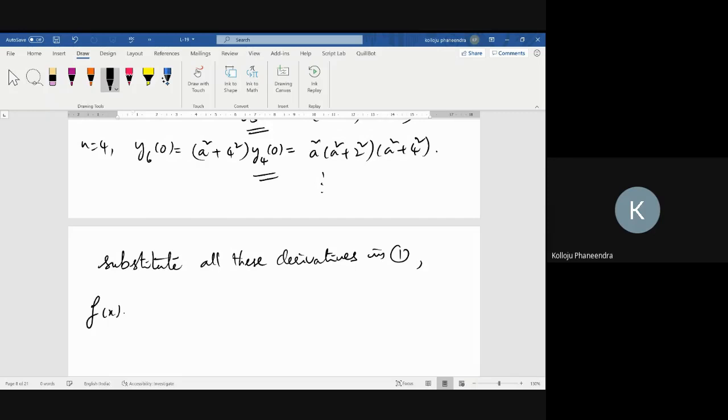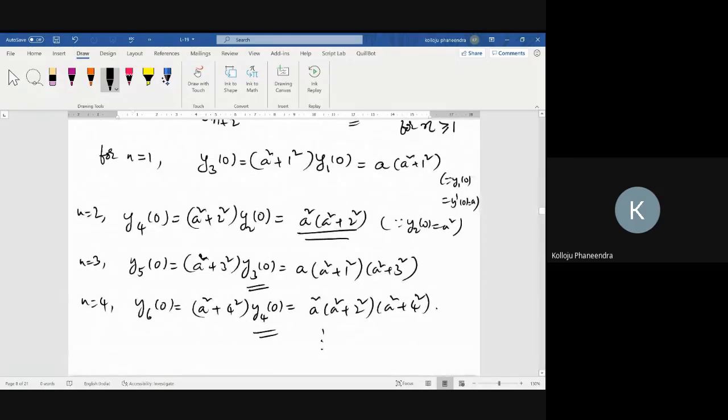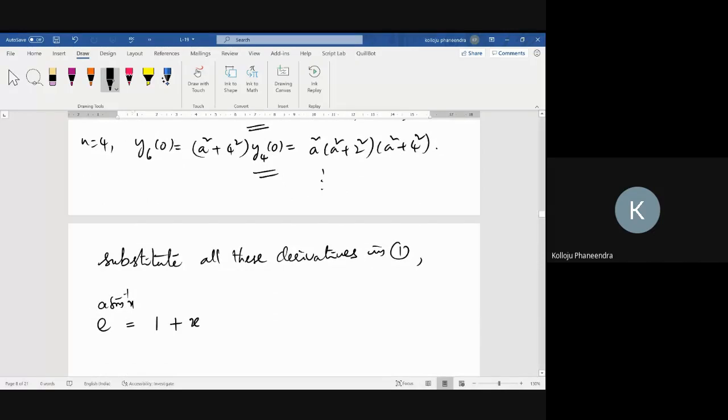So what is f of x? e to the power of a sine inverse x equals f of 0, which is 1, plus x into f dash 0, which is a, plus x square by 2 factorial f double dash 0, which is a square, plus x cube by 3 factorial f triple dash 0.